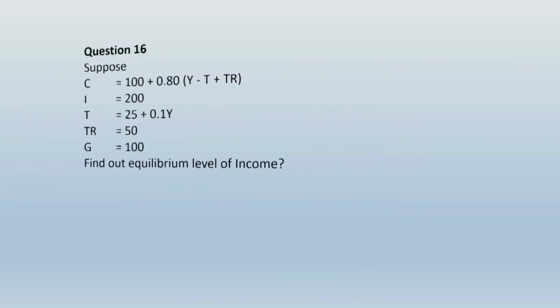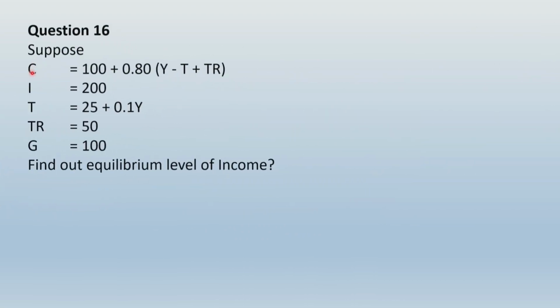Let us read this question. They have given over here C equals 100 plus 0.8 into (Y minus T plus TR), and T itself is given as 25 plus 0.1 Y. That means in this case all three components are present.